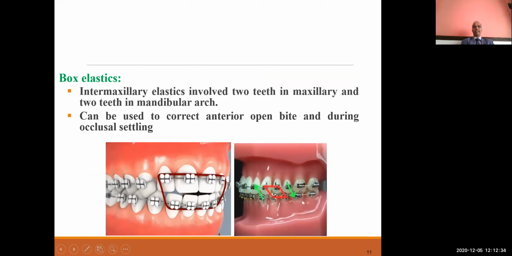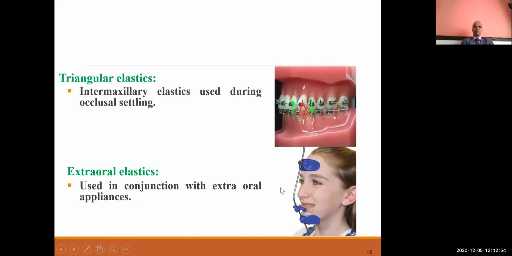These can be used to correct anterior open bite during occlusal settling, maybe in class 2 fashion, or in class 3 fashion also. Next is triangular elastics. These are also used during occlusal settling.